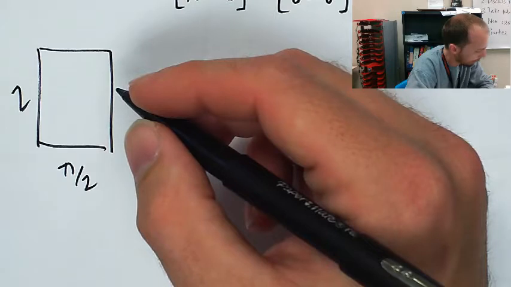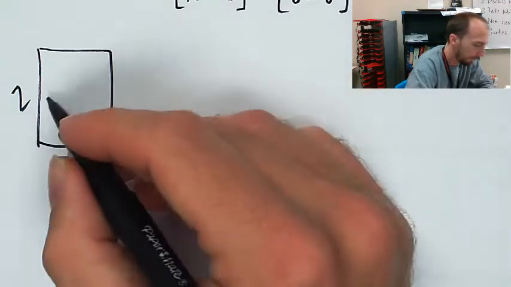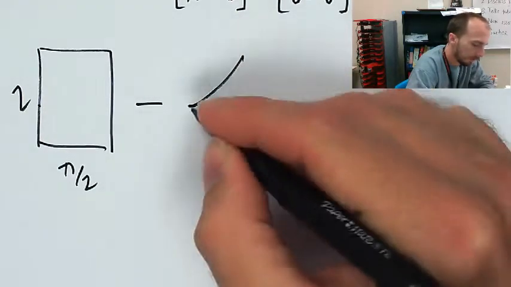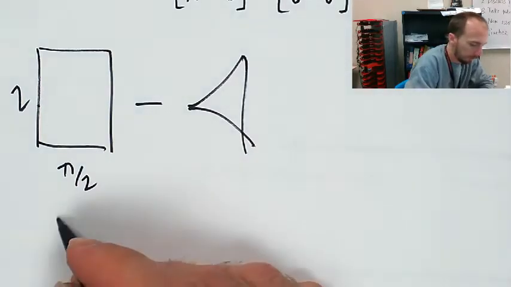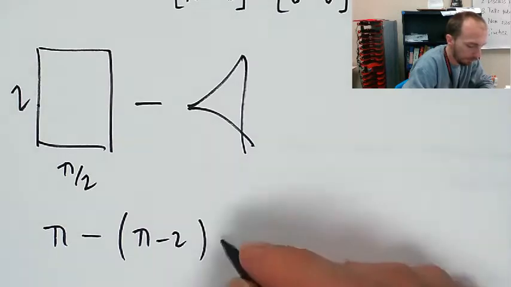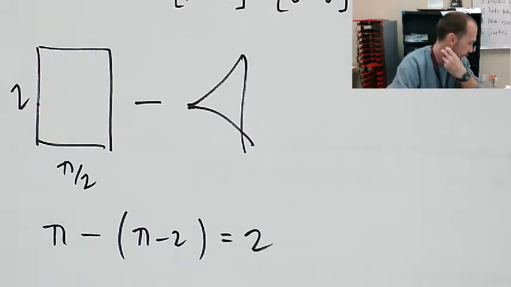Right? And so it's really this minus that. So that's pi minus pi minus 2, and that's going to equal 2. Okay? That's the sum of the areas of regions D and F.